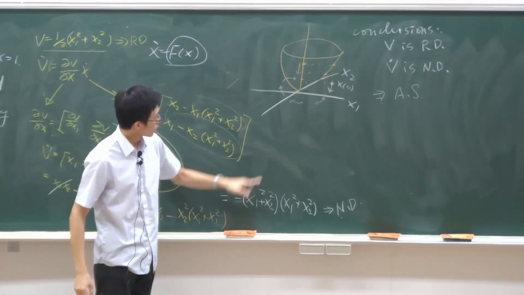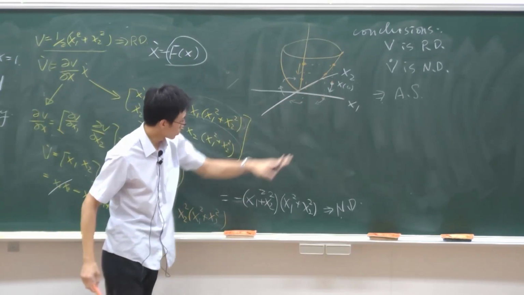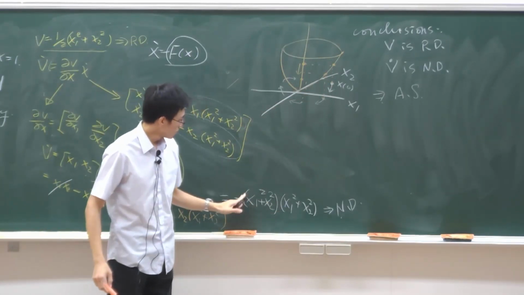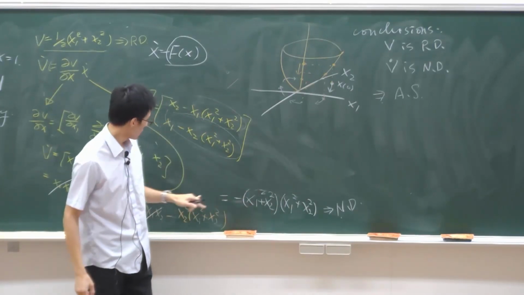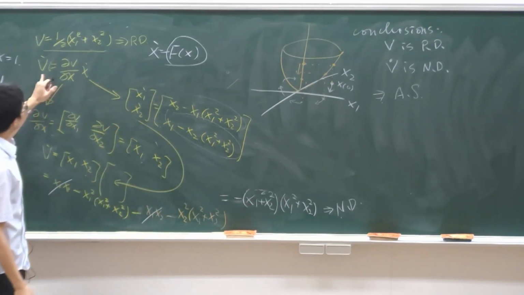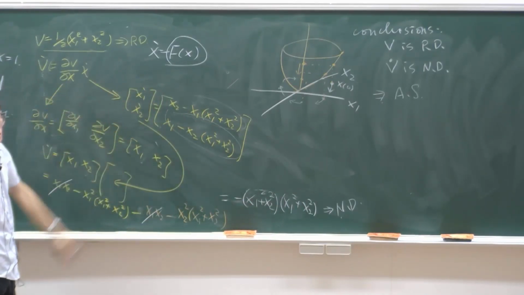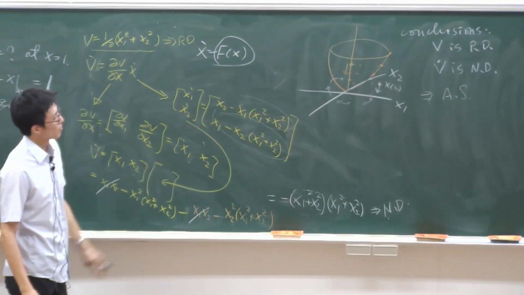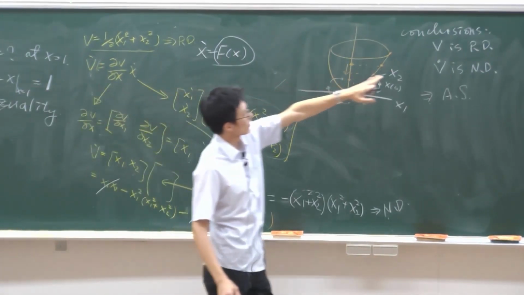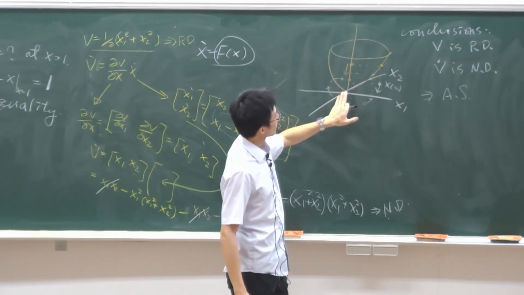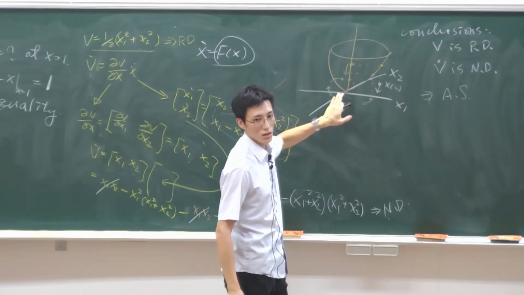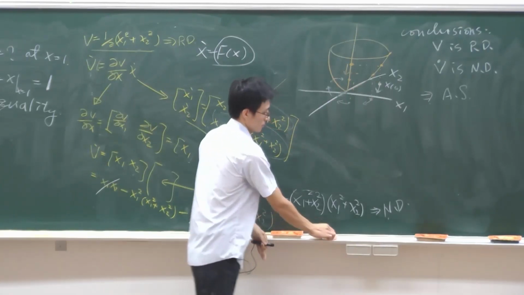You substitute at this location and this location, it's always positive and always negative, right? So V is always decreasing. And since this configuration is positive definite, the only chance for zero Lyapunov function is at the origin.